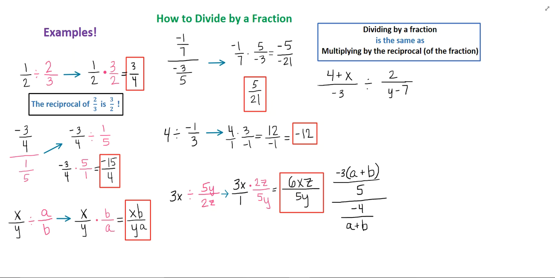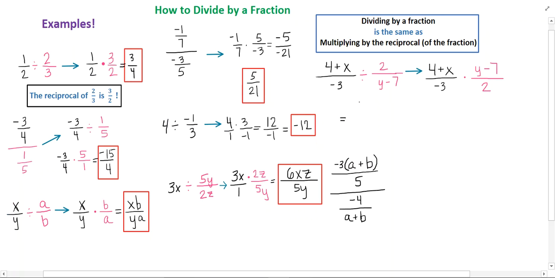So the last two look really messy, but we're going to see that they're just as easy as the ones we've done already. So in this one, we're dividing by 2 over y minus 7. So we're going to start by rewriting the first fraction. And we're going to multiply by the reciprocal of 2 over y minus 7. So we have times y minus 7 over 2.